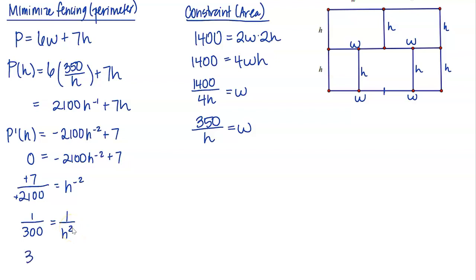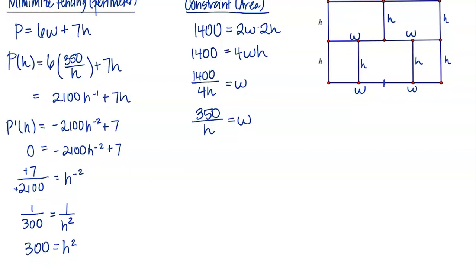If I flip both sides, I get 300 equals H squared. So H is equal to plus or minus the square root of 300. But because we're talking about H representing height, it's got to be the positive one only. So we're thinking positive radical 300, which is 10 radical 3.